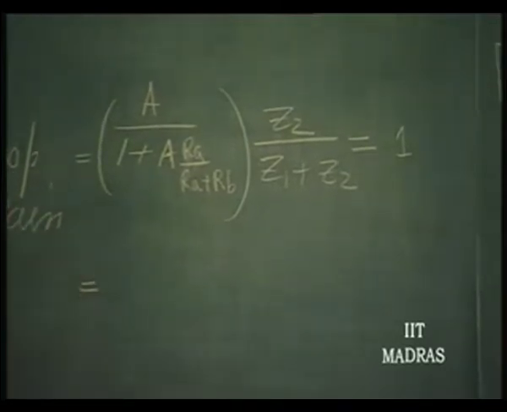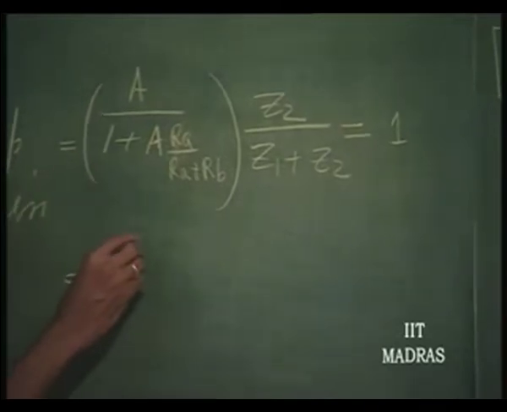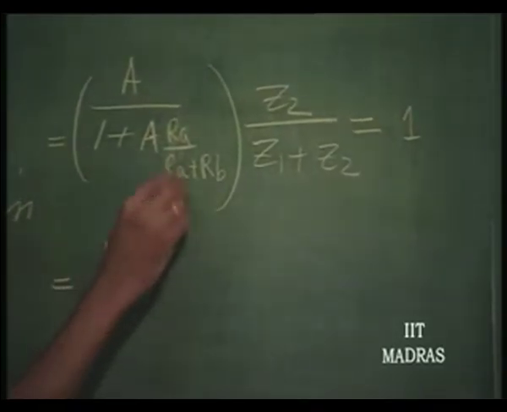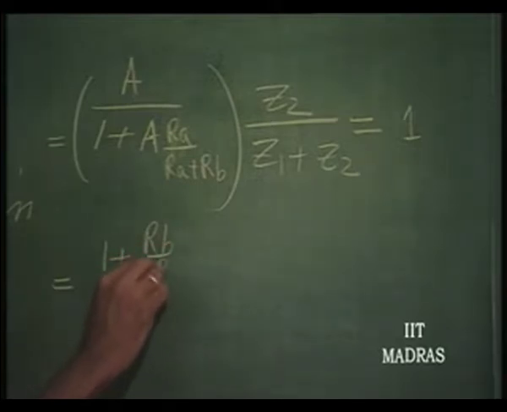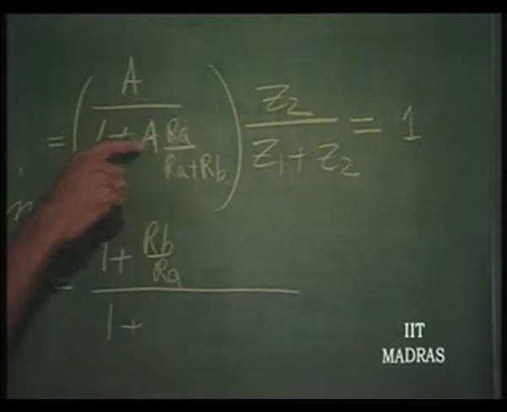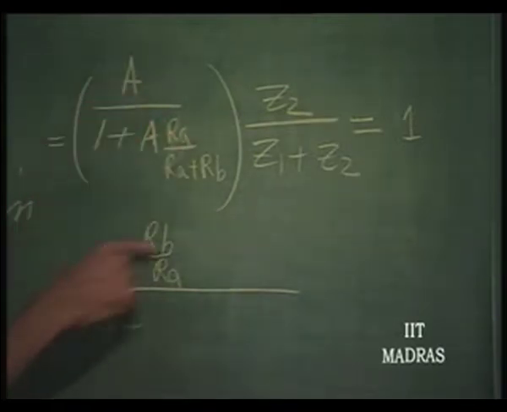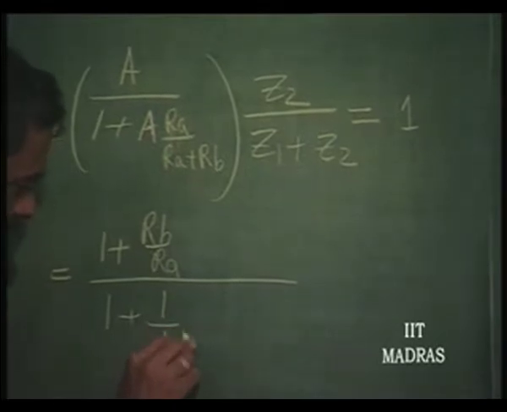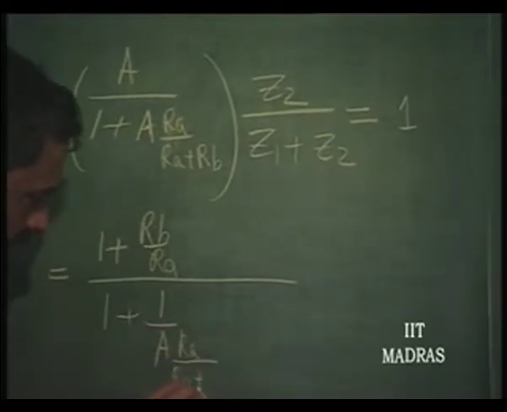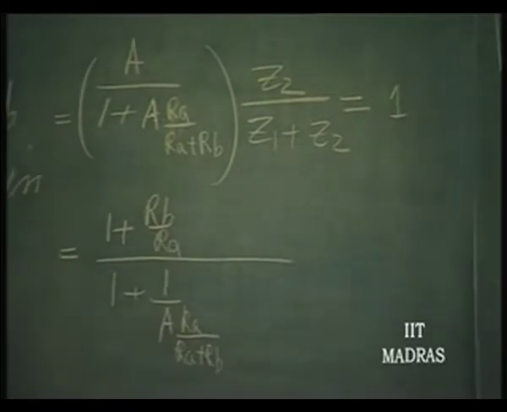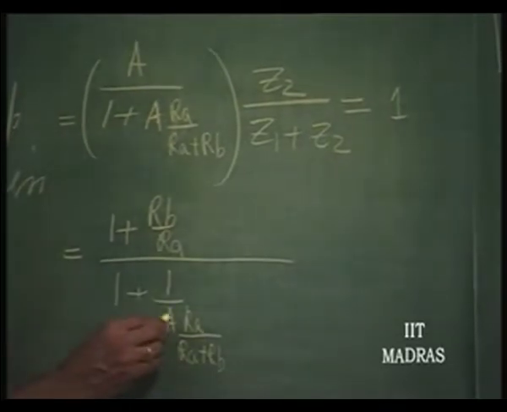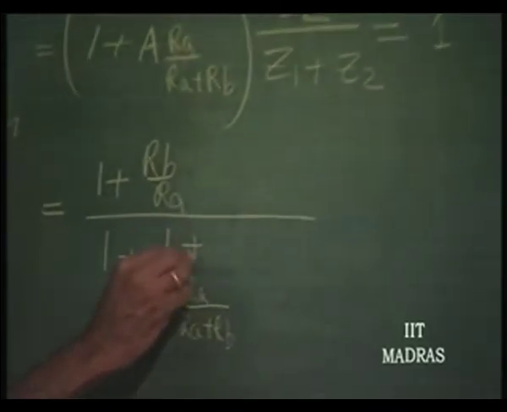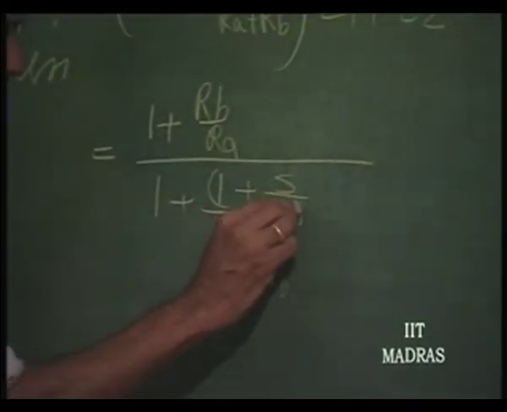So, this is equal to, we will divide, this gets 1 plus RB by RA, which is actually the gain, divided by 1 plus, I am dividing by A beta throughout. So, 1 over beta comes here, 1 plus 1 over A into beta, that is RA by RA plus RB, and A is written as A naught into 1 plus s by omega d.